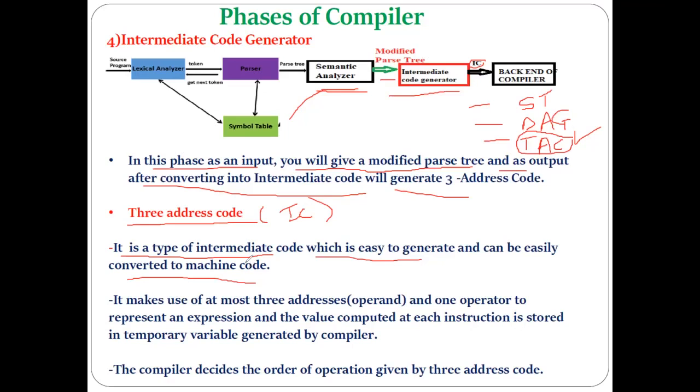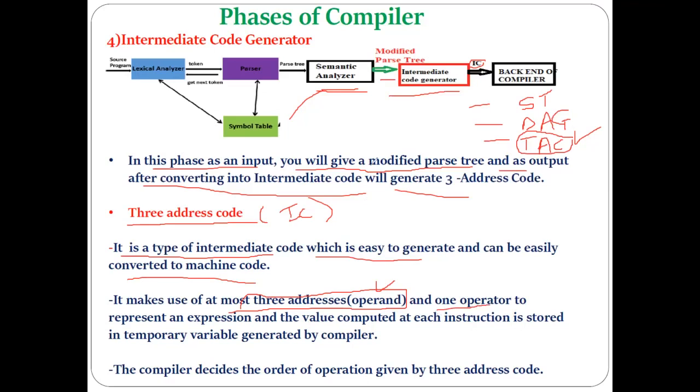When the intermediate code generator generates the IC as TAC, three address code, from the name only you can understand why it is referred to as a three address code, because it contains at most three addresses. What do at most three addresses mean? It contains at most three operands and one operator.